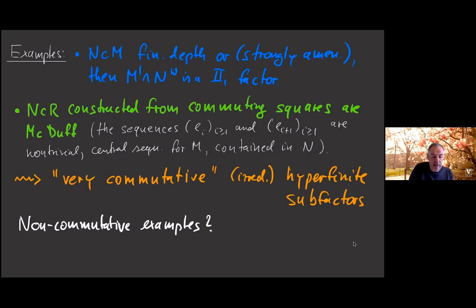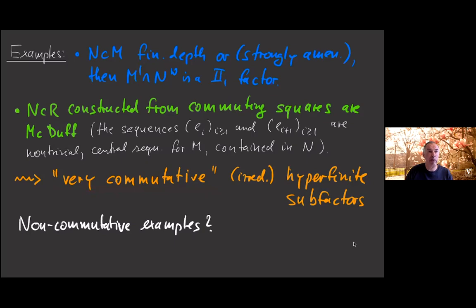Now, the subfactors that we construct from commuting squares, well, those bare-hand constructions also give very commutative examples because the Jones projections e_n, which do not commute, as you all know, give non-trivial central sequences in the subfactor that are central asymptotically for the ambient factor. So they are all very commutative examples, right? So all those hyperfinite subfactors that we normally construct and consider, they are all very commutative in this sense.